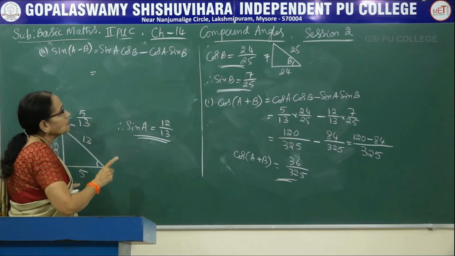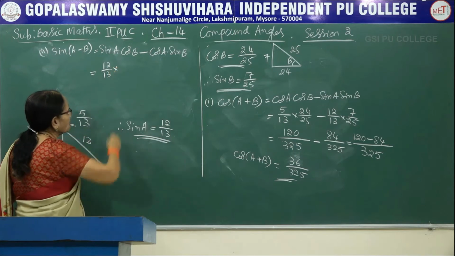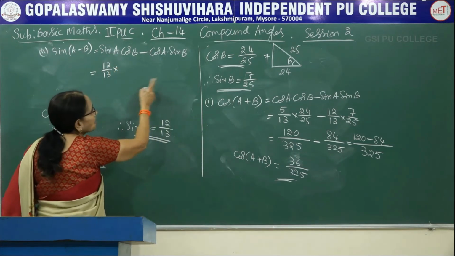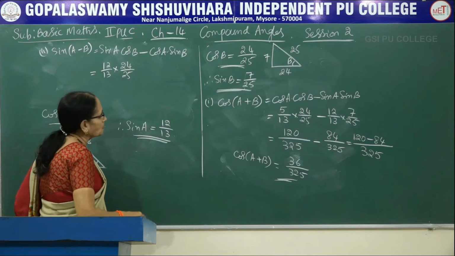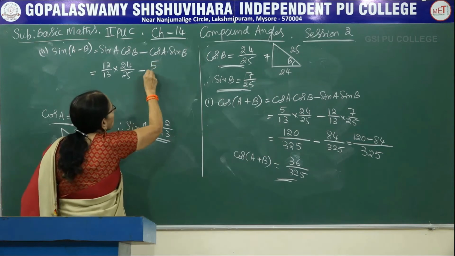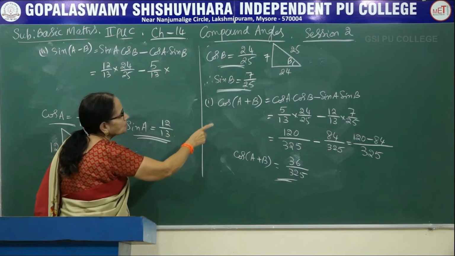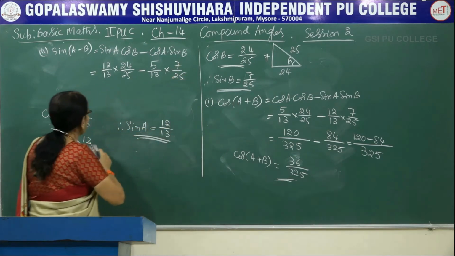2 are given, 2 have been calculated. First let me write sin A. Sin A is 12 by 13. Cos B has been given as 24 by 25. Next minus cos A, that is given to be 5 by 13, and the sin B we have calculated, it is 7 by 25.